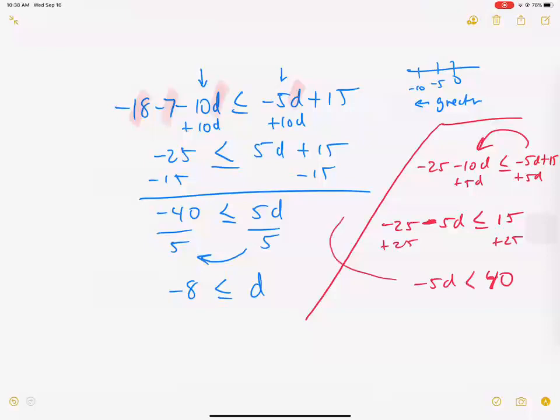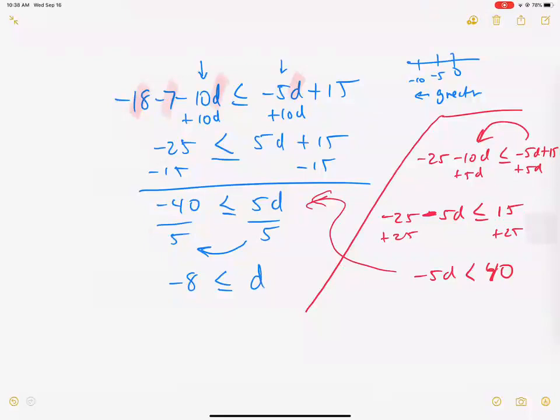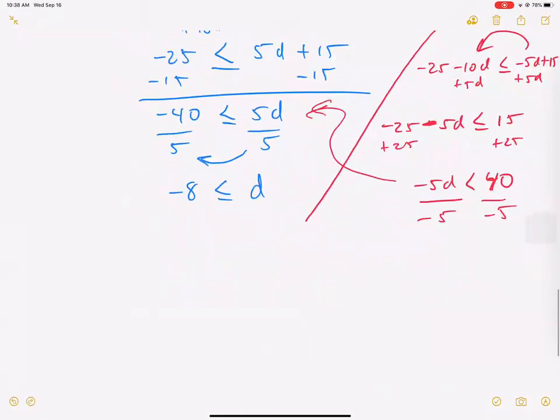Now, this problem looks just like this right here, except the inequality is flipped and the negative is on the wrong side. But if I divide by a negative, look, I'm bringing over my weakness. You brought over your weakness to our house. D is greater than, because we have to flip the inequality, negative 8.